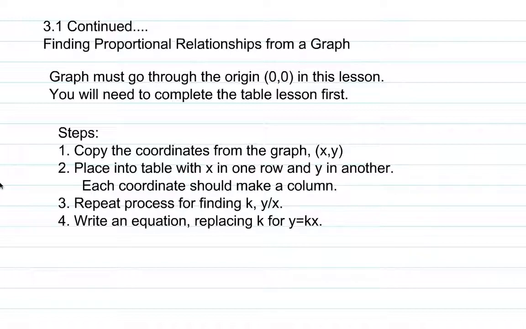And then after you find k, you're going to plug it into the equation y equals k times x, just replacing k, and then all of the coordinates should work for the x and y value to make a true equation. So we're going to start with our first example.